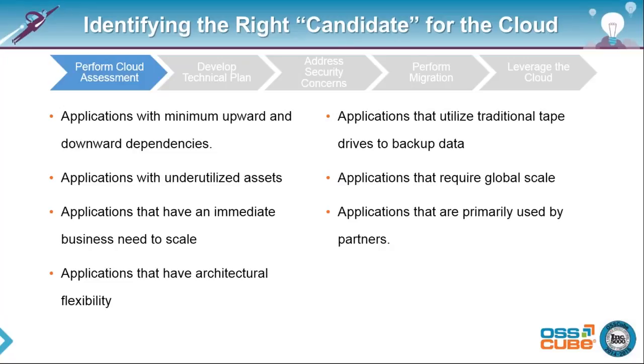Then there might be cases where your applications are using traditional tape drives or traditional backup systems. Amazon AWS provides very efficient backup and archiving systems, Amazon S3, Amazon Glacier. So you might want to move those applications to the cloud so that they are able to use the features already available there. You don't have to provision the infrastructure, you don't need to buy the tape drives, send them to offshore or distant locations, and get them back in case of need.